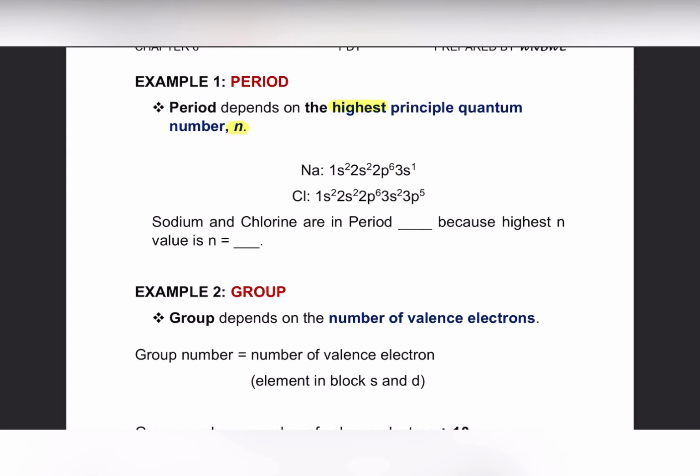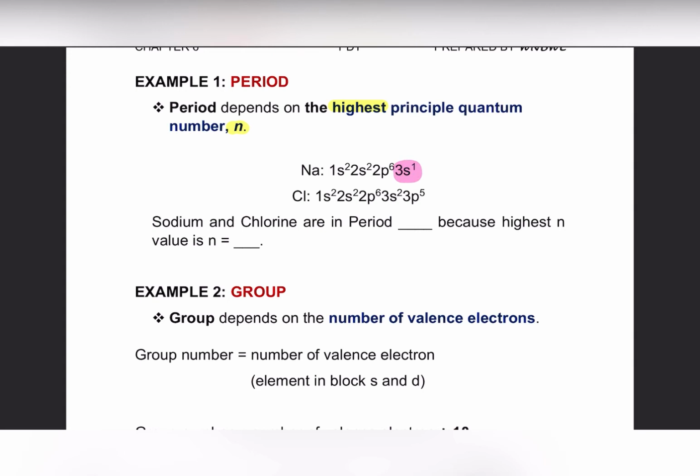So sekiranya awak lihat, kita tulis electronic configuration in order of increasing energy, seperti mana yang awak gunakan Aufbau principle. As you see here, the highest n value adalah dalam subshell 3s untuk sodium.